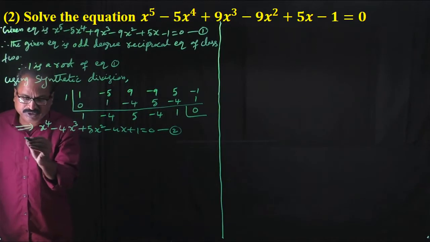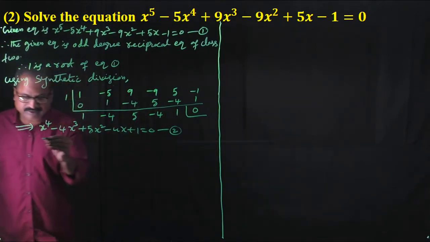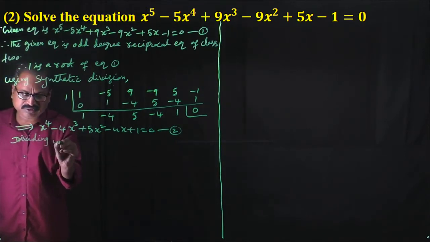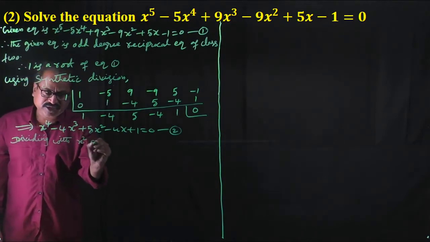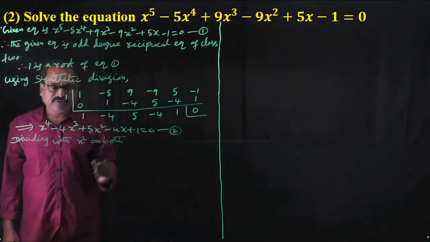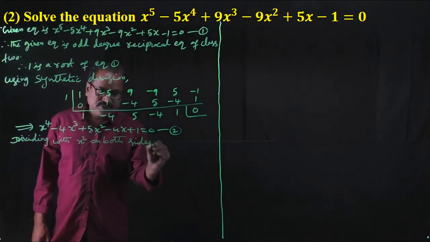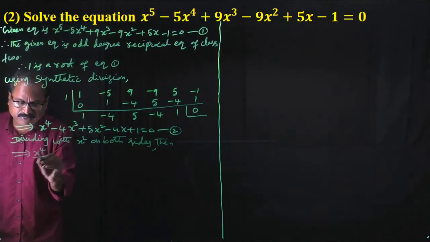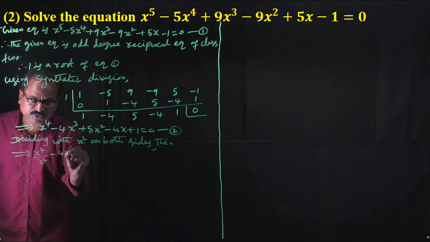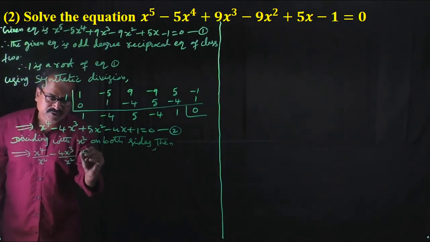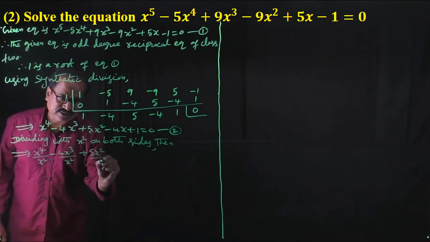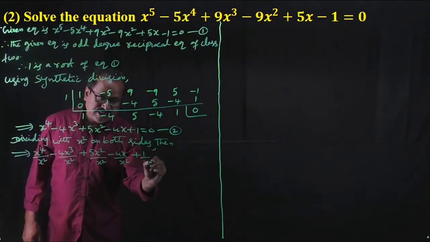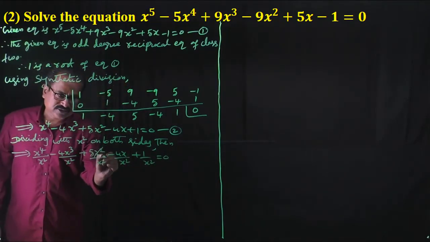So, dividing with x square on both sides, this implies x power 4 by x square minus 4x cube by x square plus 5x square by x square minus 4x by x square plus 1 by x square is equal to 0. Here x square gets cancelled.